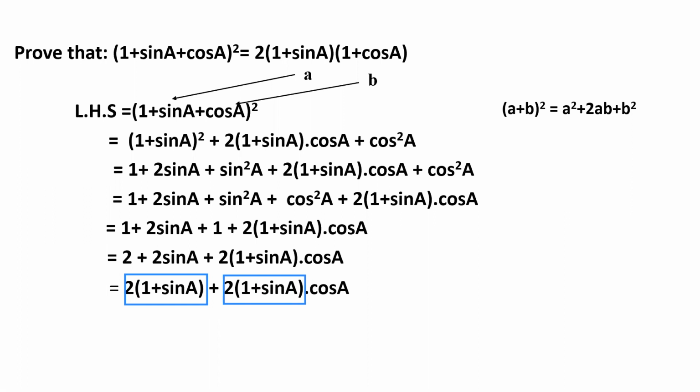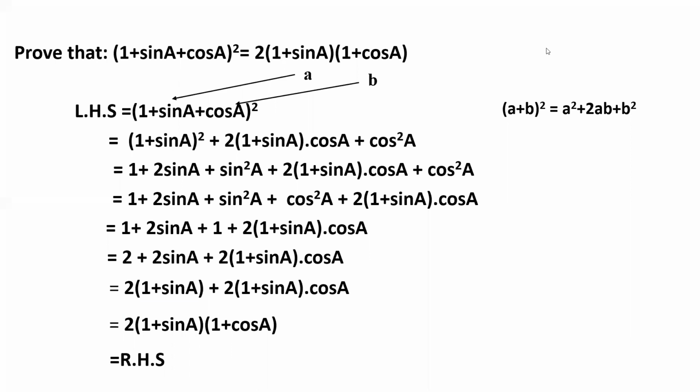In these two terms, can I take this as a common? Remember I'm taking 2 (1 plus sin A) as common. Then what will remain? It will be 1 from the first term, and plus, I've already taken 2 (1 plus sin A), so just remove it, what will remain is cos A. And that is the right hand side, which I think is proved here.